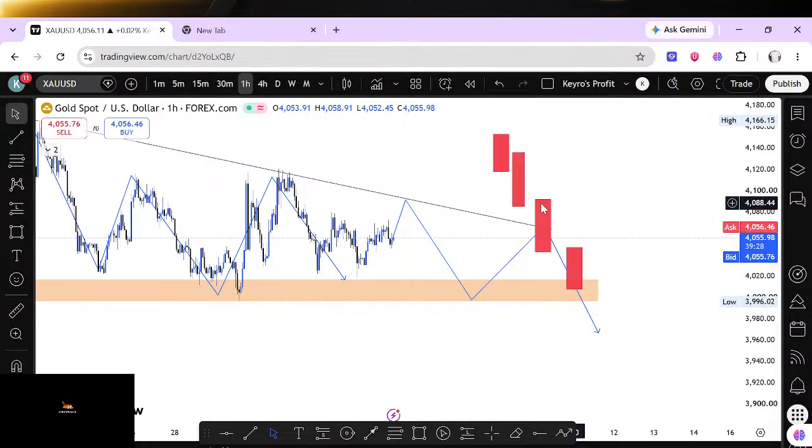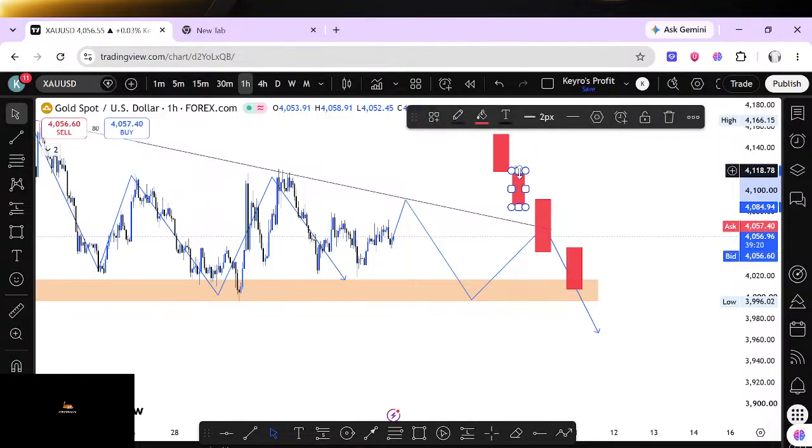Now let's say this market is moving on a bearish trend, a downtrend.